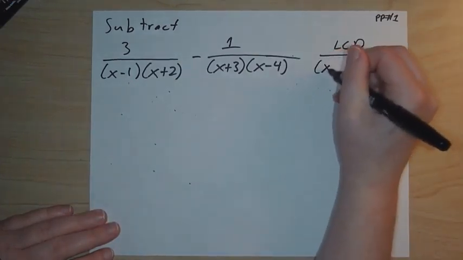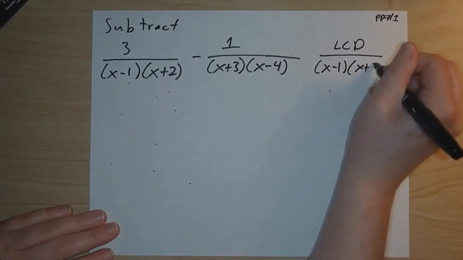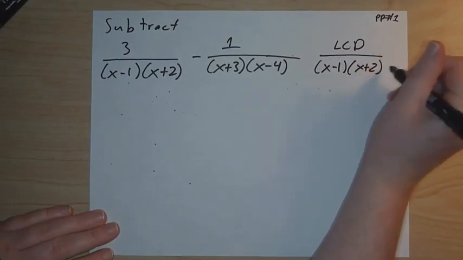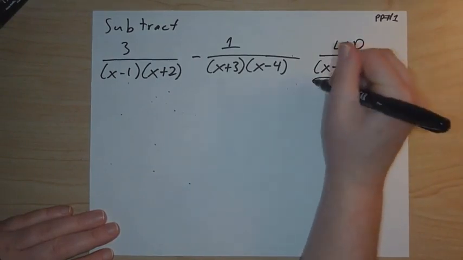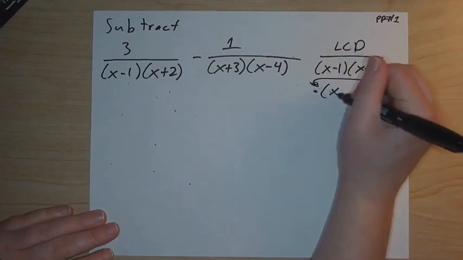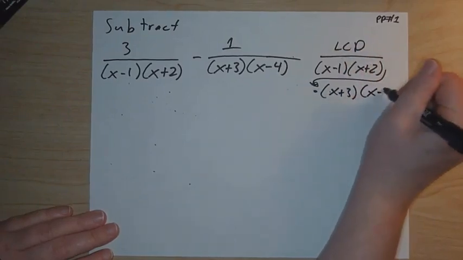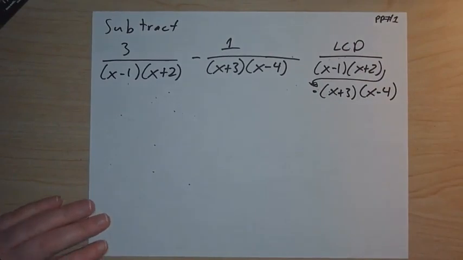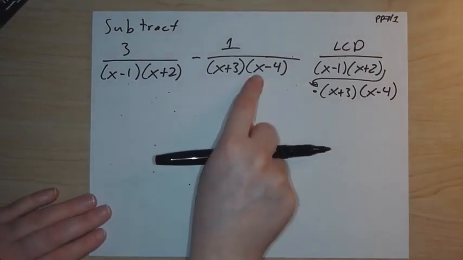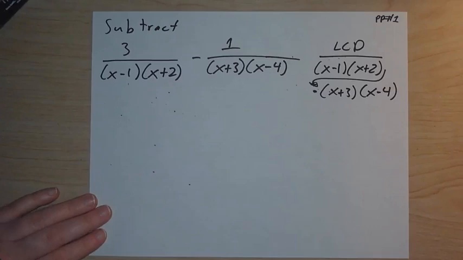So it's going to be x minus 1, x plus 2, times x plus 3, times x minus 4.